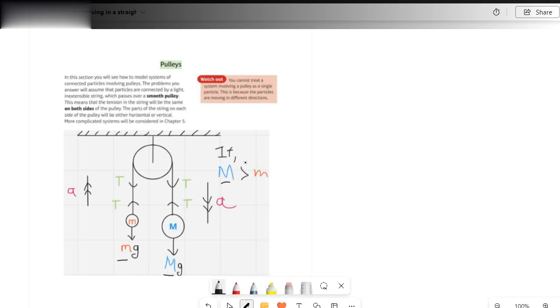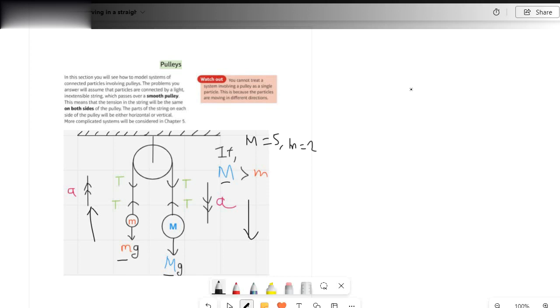For example, if M was 5 kg and if small letter m was 2 kg, then the pulley system will look something like this, where the acceleration will be this side because the bigger mass will cause the whole system to accelerate and fall to this side, and for the left hand side, the mass, small letter m, will accelerate upwards.